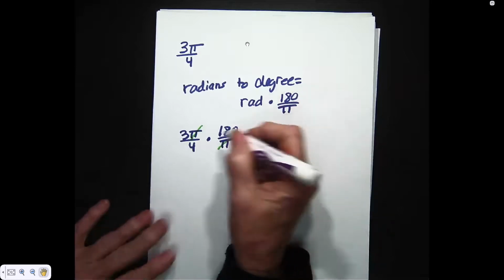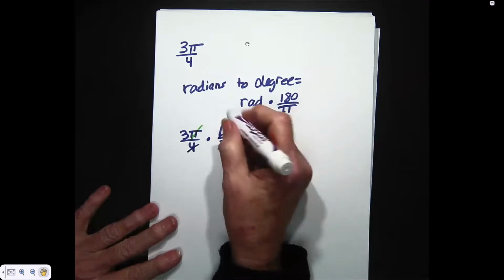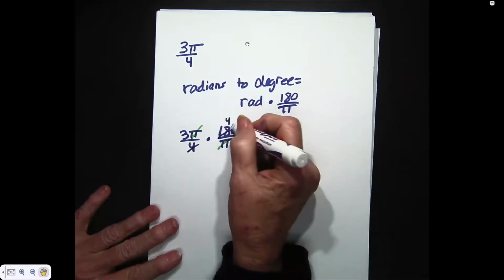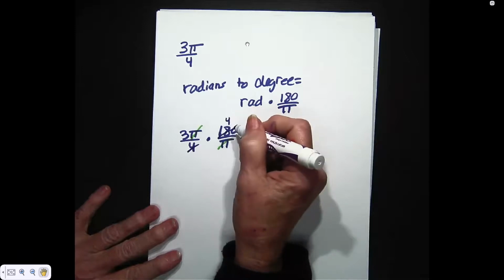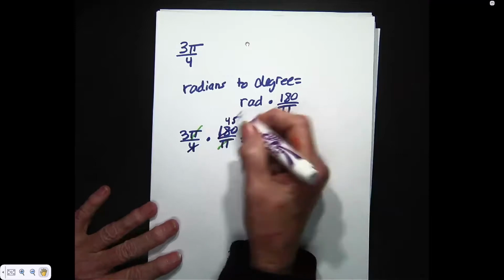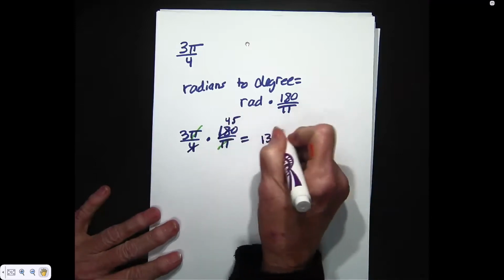And you might try to figure out how you can best do something like this. So if I said 4 goes into 18, 4, and then there's 40 left over, 20 left over, so 45. And then multiply 3 times 45, and you get 135 degrees.